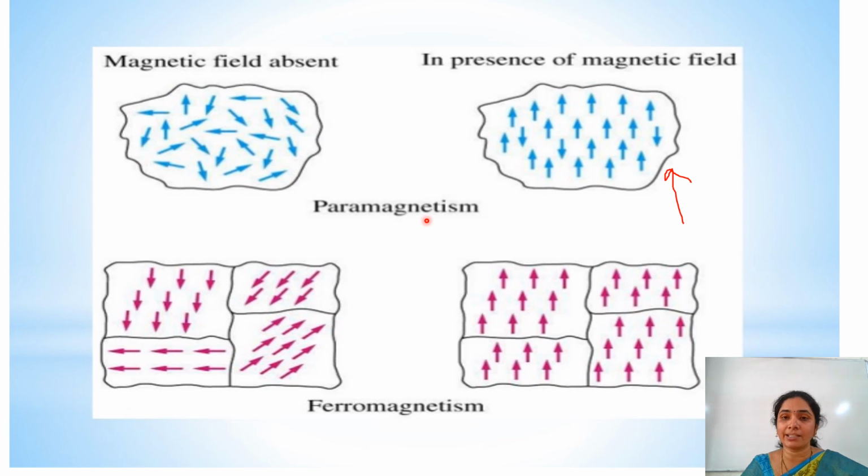In paramagnetism, maximum alignment will be there, not total alignment, whereas in a ferromagnetic substance, there is total alignment of all magnetic moments. And in diamagnetic substances, all the magnetic moments will be present in the opposite direction to the applied magnetic field, so whatever magnetic field you apply will be cancelled by the opposite alignment of magnetic moments in diamagnetic substances.